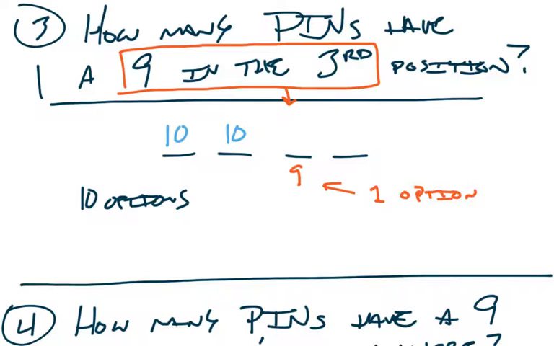It's like in those examples I was doing before where you have to choose an outfit and you've got a certain number of shirts and a certain number of pants. If you only own one pair of pants, well then that is your one option for what has to go there. This person has to have a 9 in the third position. So there is precisely one option for what can go in the third spot. Fourth spot, unrestrained. It could be absolutely anything.